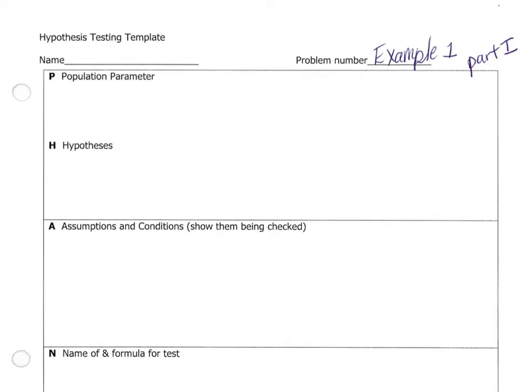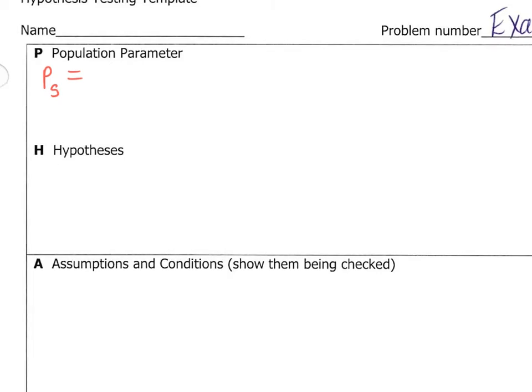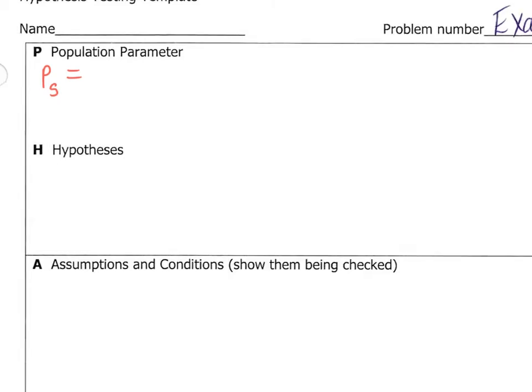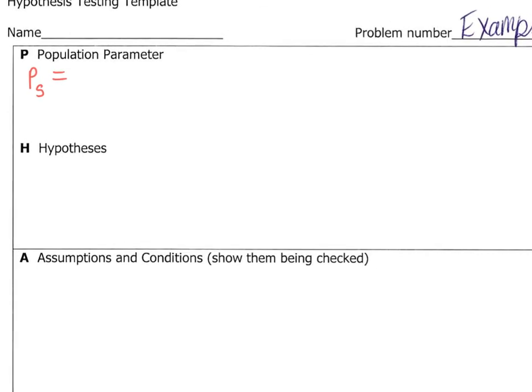So we have to define 2 population parameters. What letter do you want to use for the 2 groups? PS and PP. Okay, I'm going to do PS, and then I'm going to do P with a little N for no. So S is for support group, and N is for no support group. Okay, here we go. How do we write this out? The first word is not probability.